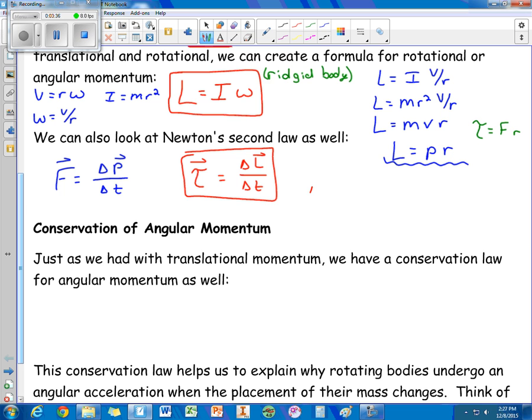Or I can say the change in angular momentum equals a torque multiplied by a time interval. So looking at this, this is another version of the impulse momentum theorem. So it's a very interesting relationship here.